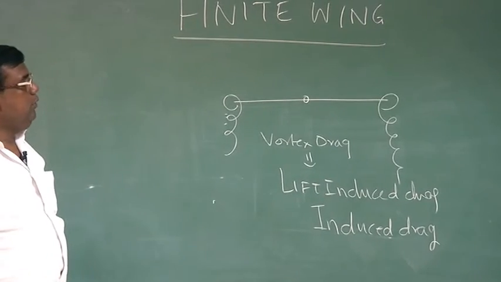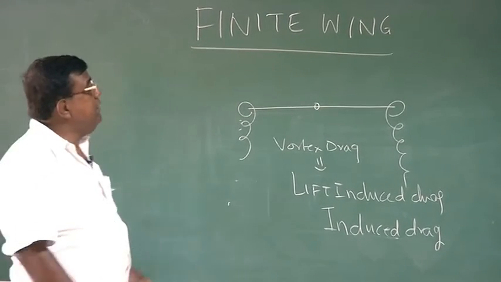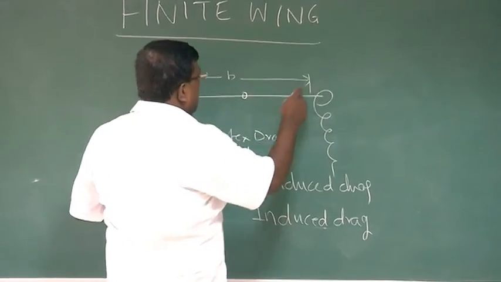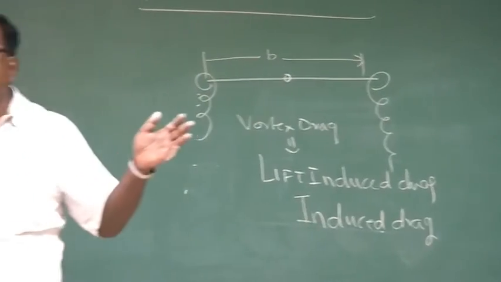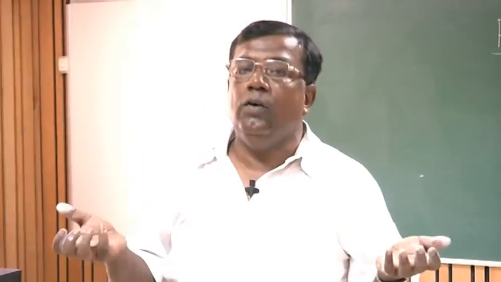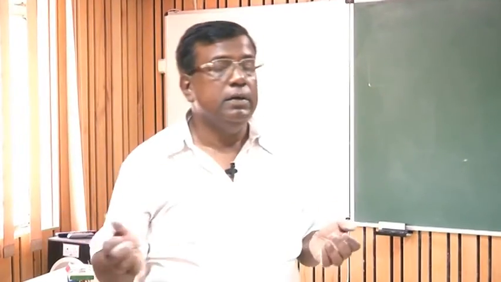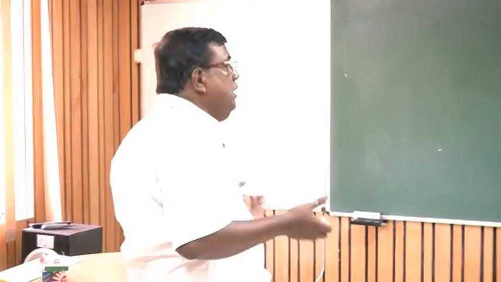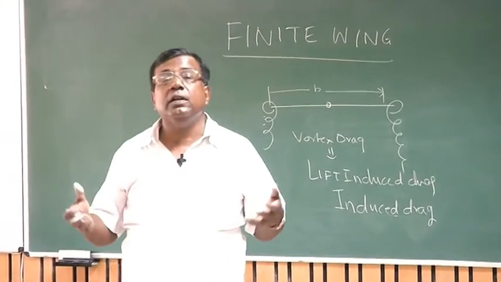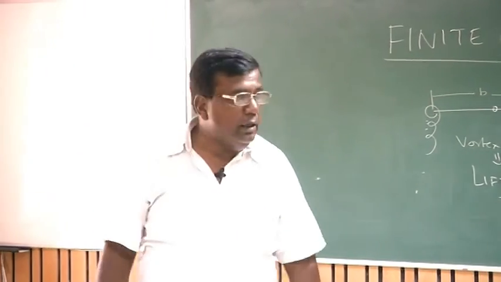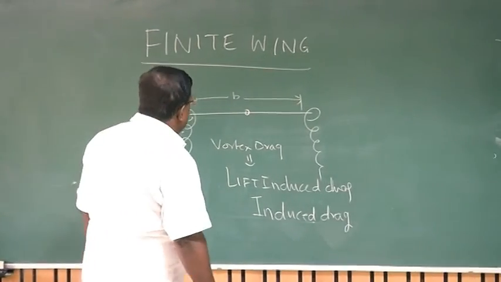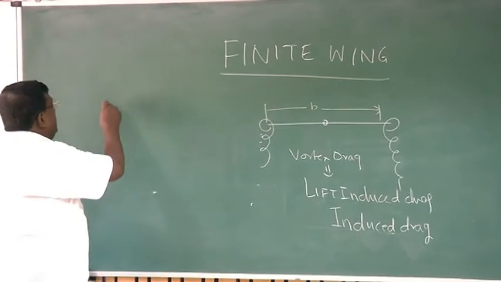Right. And we realize that if this span, which is this B, becomes infinity, then this vortex drag will not be there, because there won't be any physical pressure difference. So the vortex drag or induced drag will be 0, and that is like you are approaching an aerofoil, which is two-dimensional, right? And there we define something called aspect ratio.